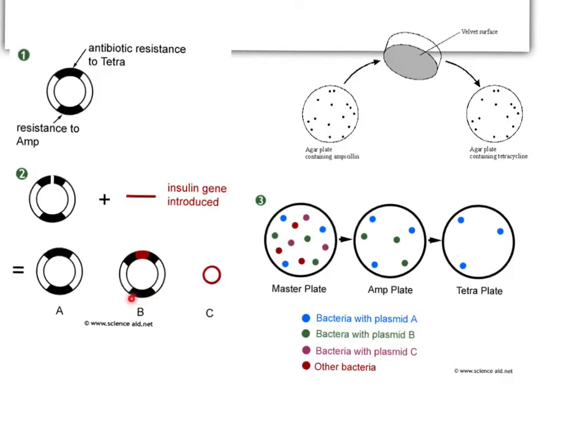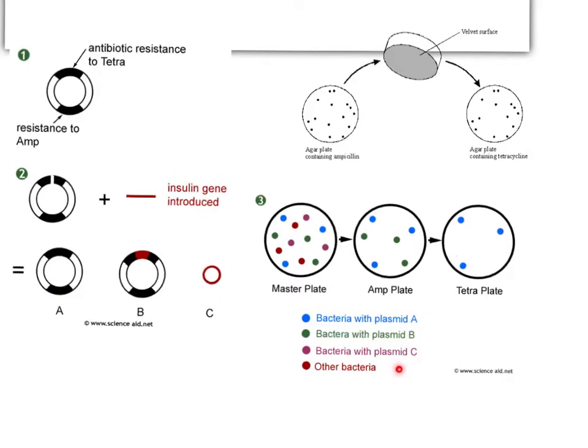As you can see here, the green ones, the type B, they survive, and the A ones here, those survive. All the other ones will die, because there's no resistance to ampicillin, and any other bacteria that might be in the plate will die also.